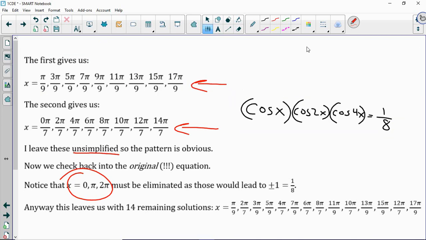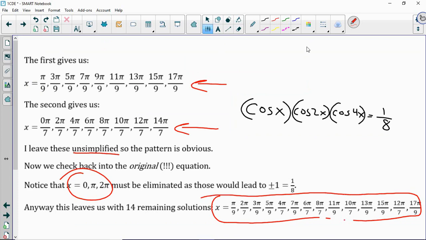So if we put in 0 into that, then we get 1 equal to 1/8. It's not true. If you put in 2 pi into that, you'll also get 1 equal to 1/8. If you put in pi, you'll get -1 equals 1/8, I think. So those 3 get eliminated, leaving us with these 14 solutions, which I have simplified here.